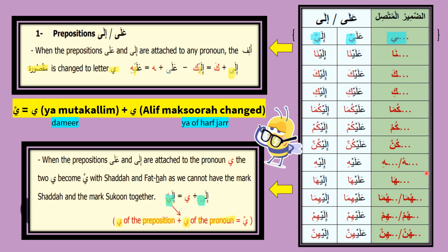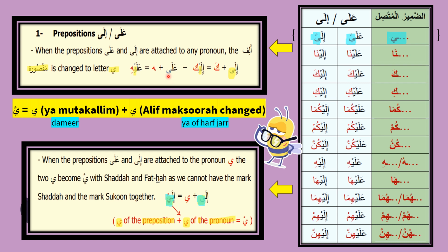So first of all, let's learn about attaching all these other pronouns, and I will do the ya mutakallim later. First of all, what you see is how to attach the noon and alif, ka, ki, kuma, kum, kunna and the ghaib damirs with ala and ila. So what is the change happening here?